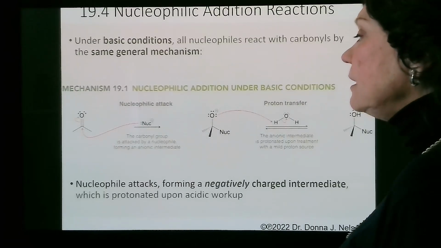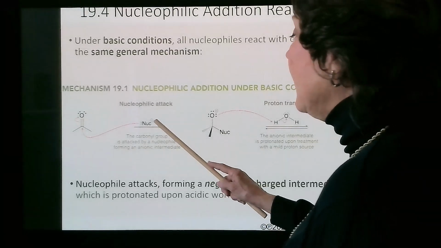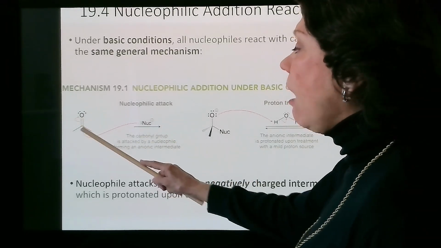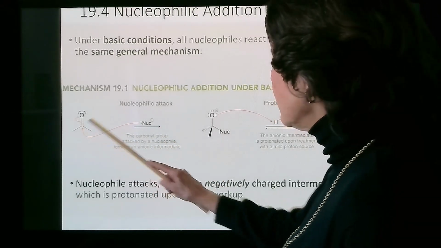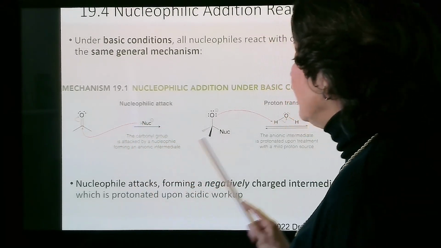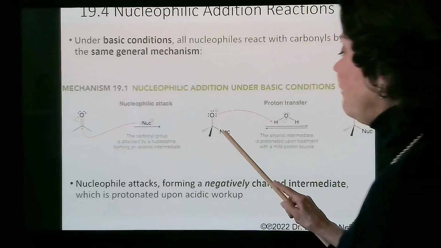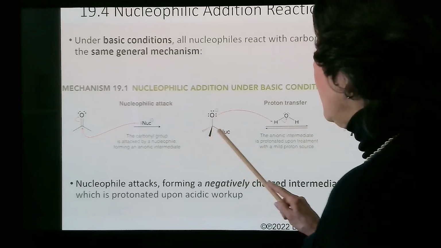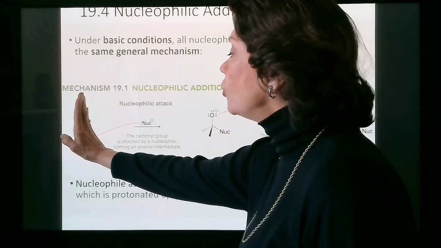Under basic conditions, if the nucleophile is strong enough, it simply attacks one side, one face of the carbonyl, either coming in from the front or coming in from the back. Here, this has been turned so that it looks like the nucleophile is coming in from the side. And that will happen if this carbonyl is turned.